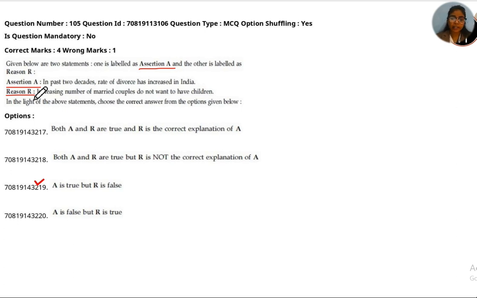In past 2 decades, rate of divorce has increased in India. Okay, fine. The rate of divorce has been increased in India in the past 2 decades. The reason behind it is, what question is saying to you is, increasing number of married couples do not want to have children.